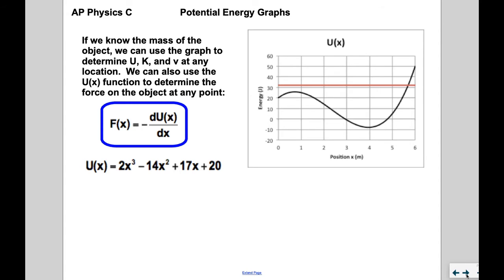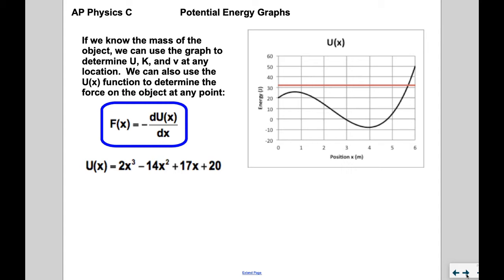Now, if we know the mass of the object, we can use this graph to determine U at any position, the kinetic energy K at any position, and the velocity at any location. We can also use this U of x function to determine the force on the object at any location x, using this formula in the blue box here.